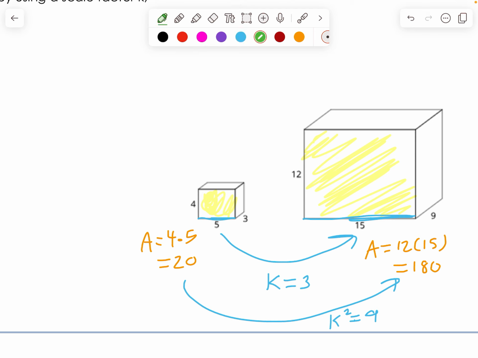And then if we did the volume, this is going to be crazy. 4 times 5 times 3, which is 60. Over here we get 12 times 15 times 9, 900.